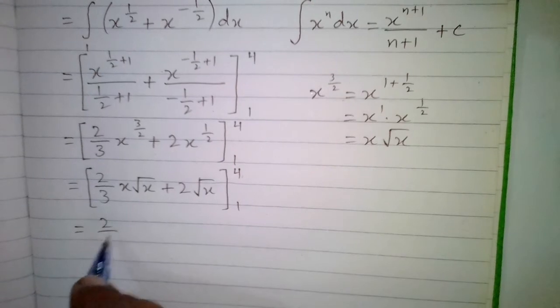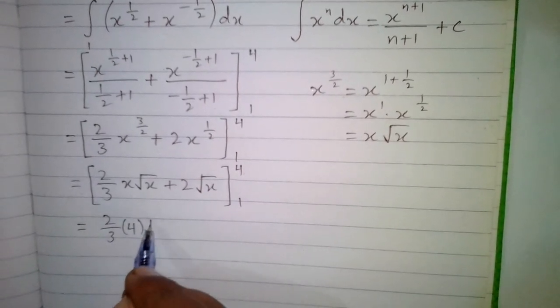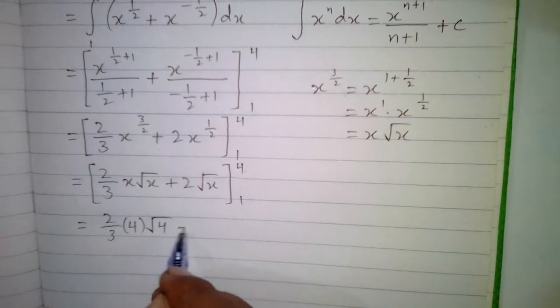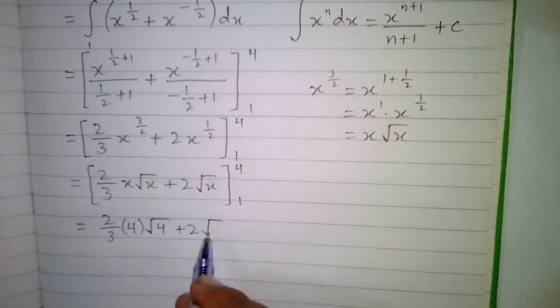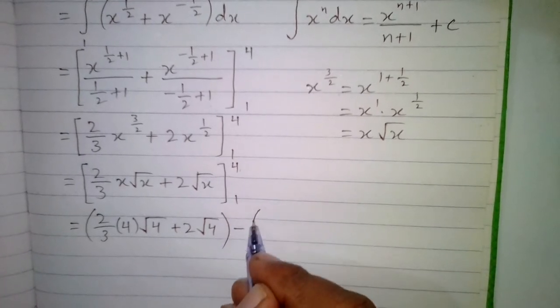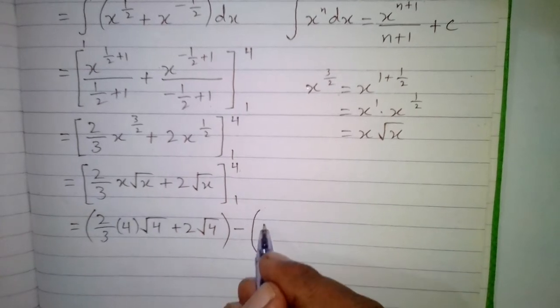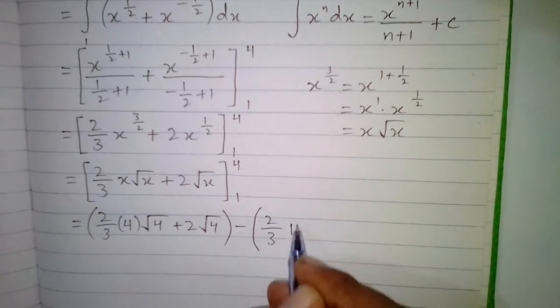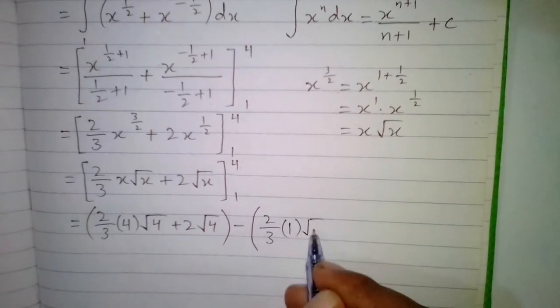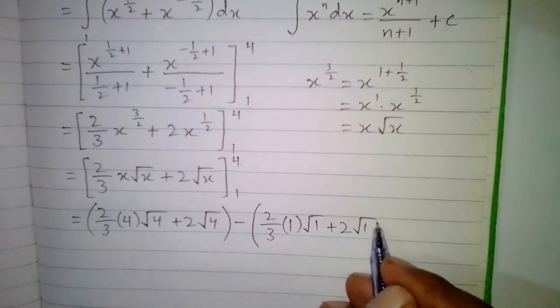So we have 2 upon 3 times 4 times square root of 4 plus 2 square root of 4, and then we will put the minus sign, then we will put the lower limit 1 in place of this x. So we have 2 upon 3 times 1 times the square root of 1 plus 2 times the square root of 1.